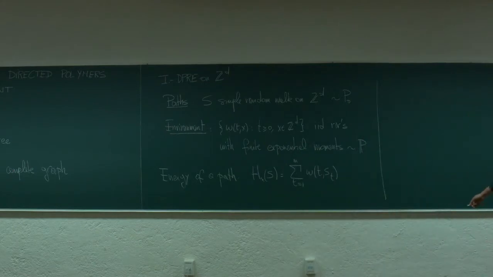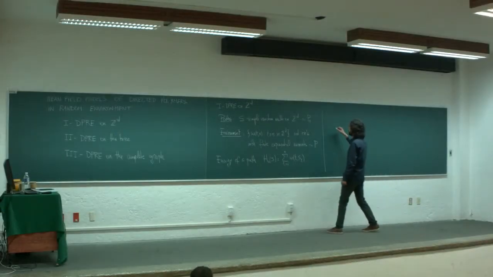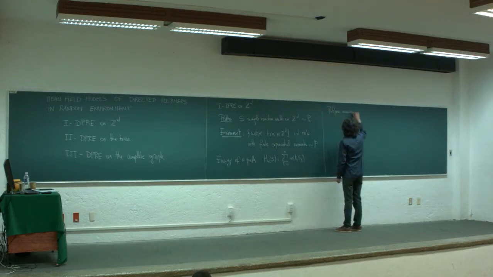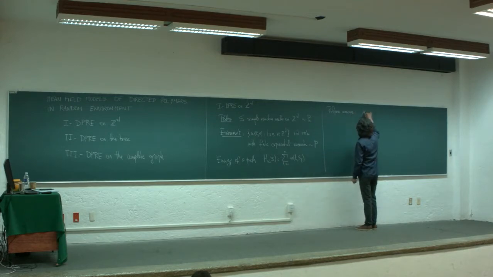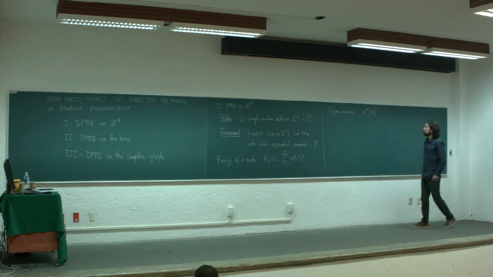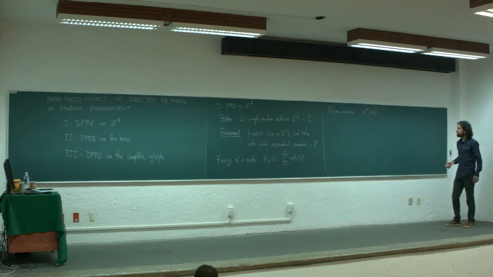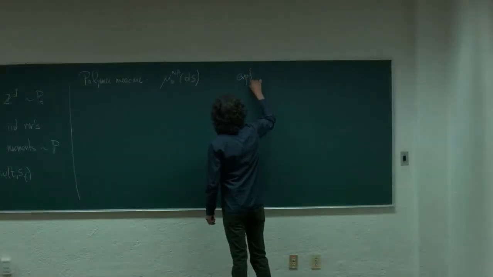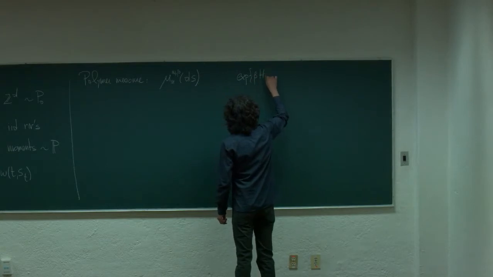So once I have this, I can introduce the polymer measure. So the measure of a path will be proportional to the exponential of beta times the energy of the path.